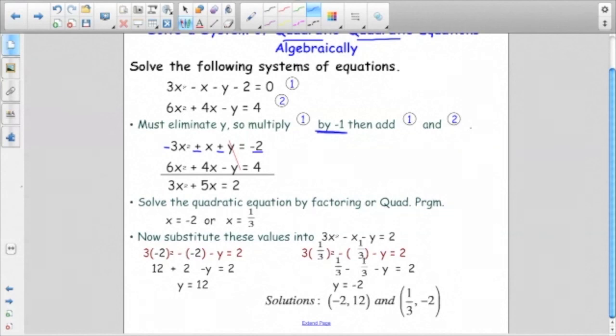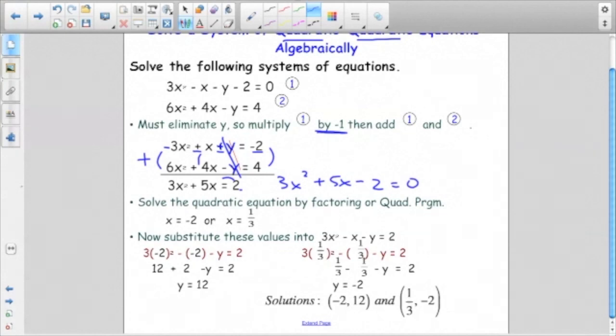And why I did that, because now I have a positive y and a negative y. I create elimination right off the bat, so it makes life a little easier. Then I get down to here, because I add these to get there, and these get to there. All right, and then I move that over, so I get 3x squared plus 5x minus 2 equals 0.